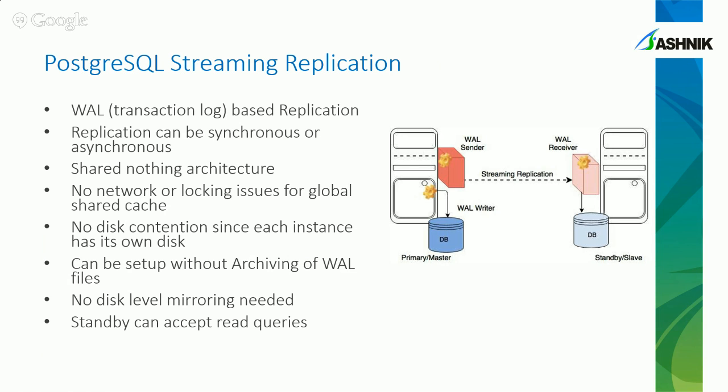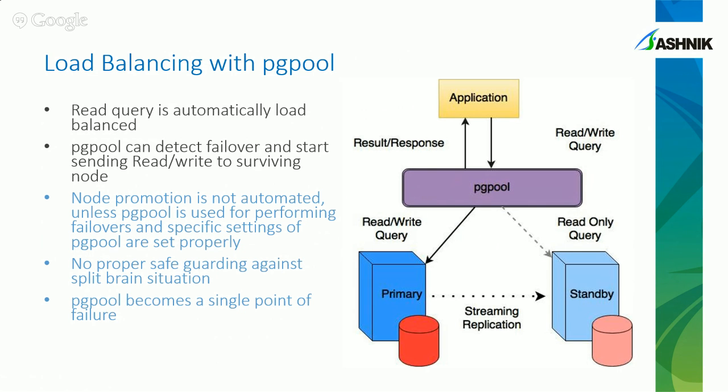Now, to overcome the challenge with load balancing, you can introduce pgpool, which does the load balancing automatically. So your application connects to pgpool using the same dialect that it uses to connect to PostgreSQL.